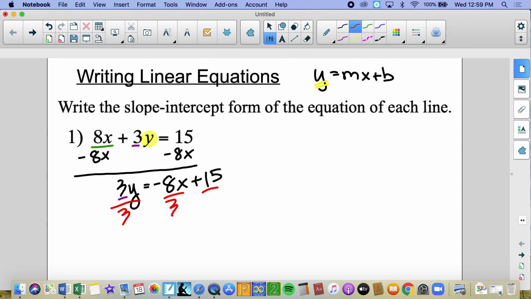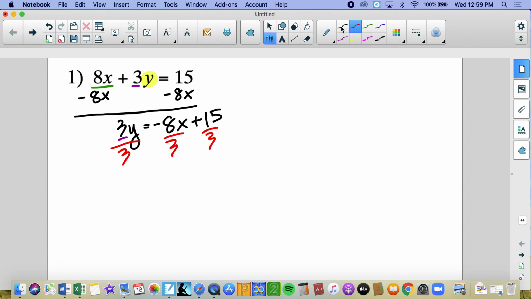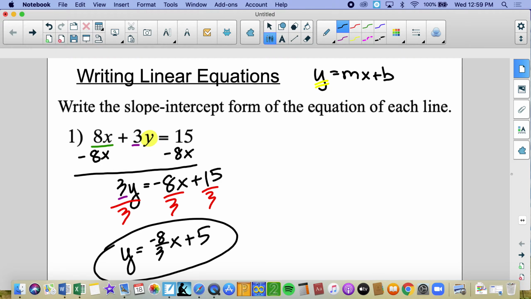And we remember that we have to do it to everything on that right side. So that cancels and leaves me with y, where negative 8x divided by 3 is negative 8/3 x, and positive 15 divided by 3 is positive 5.